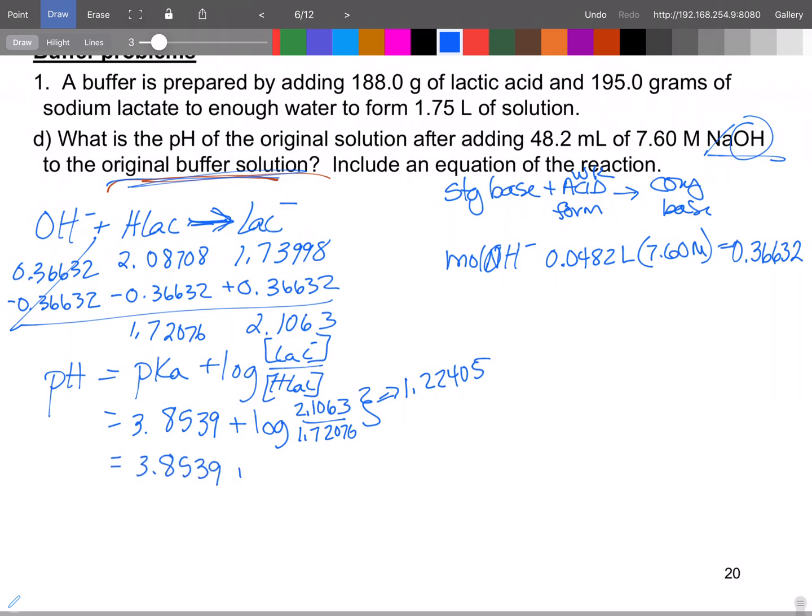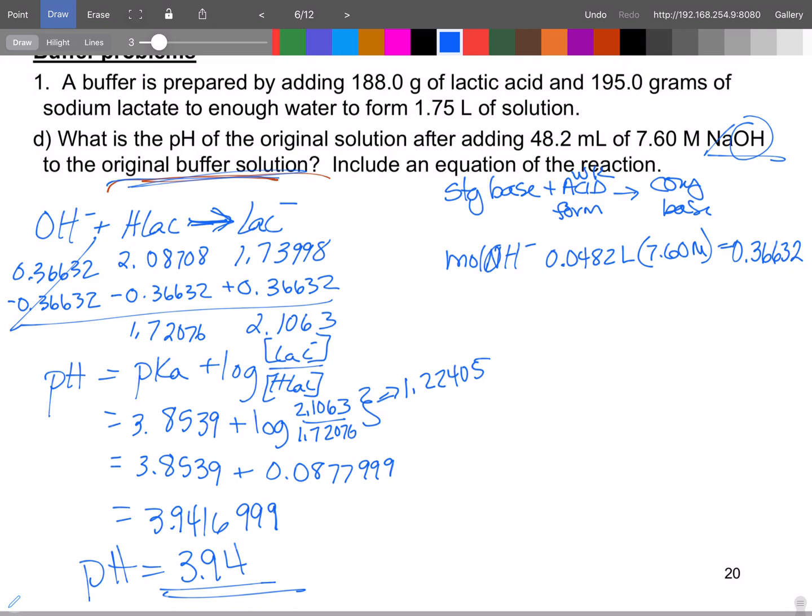So that's 3.8539 plus 0.0877999. So that gives us 3.9416 and a bunch of 9s. So our pH for this one is 3.94. So if you notice, we started with, I think, 3.85, went down to like 3.77.